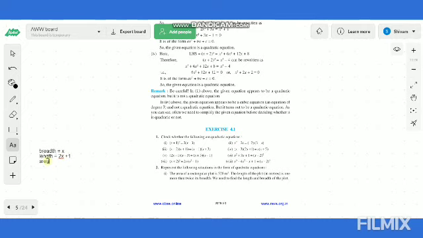Now area becomes equal to x into (2x plus 1).